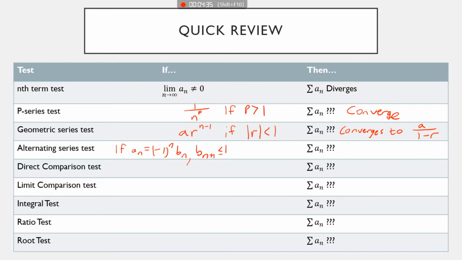I forgot. Okay, so my function has to be decreasing, and I need to pass the nth term test. So if my limit as n approaches infinity of a to the n should be equal to, no, a to the n should converge to 0. Okay, so as long as our limit of the whole function approaches 0 and we're decreasing for every term, then we will converge.